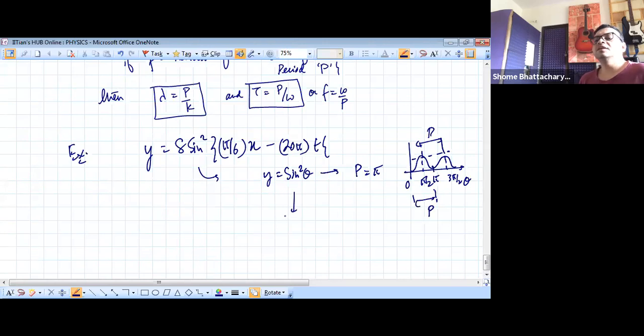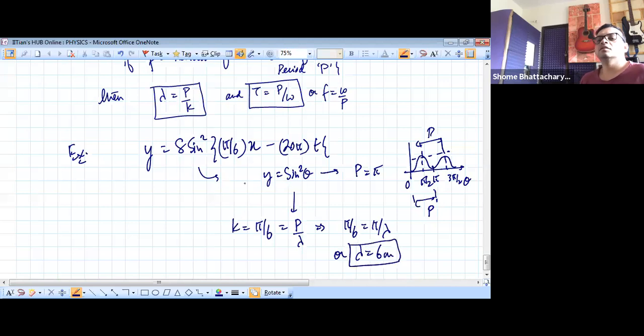So if the fundamental period is pi, you can see that k, which is pi by 6, is nothing but fundamental period divided by lambda. So pi by 6 is equal to pi by lambda, or lambda is equal to 6 meters. And you can also see that here omega was 20 pi.